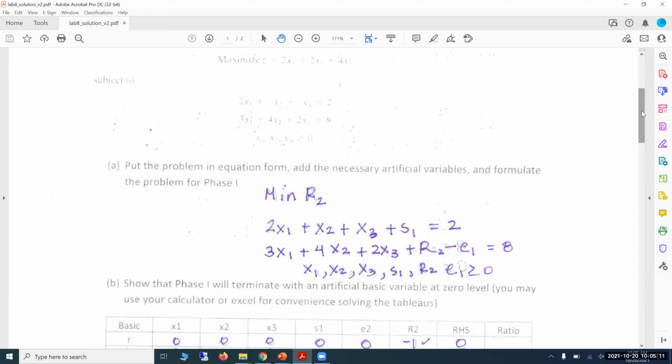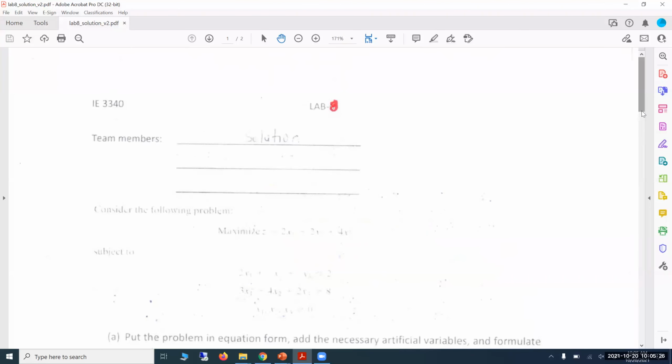So the minimization for phase 1 is the minimization of R, in this case, R1.